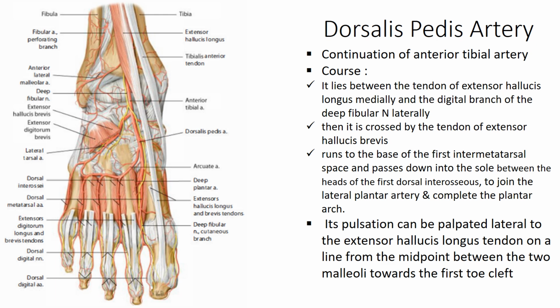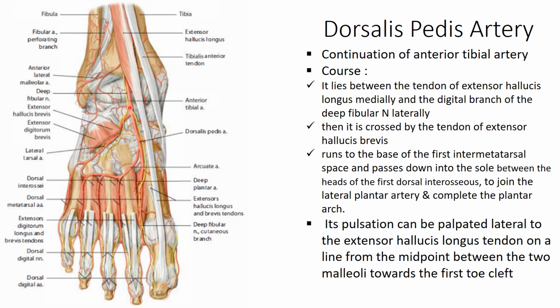The dorsalis pedis artery, as we know, is the continuation of the anterior tibial artery beyond this ankle joint, and as it runs its course it lies between the tendon of the extensor hallucis longus, which is lying medially, and the distal branch of the deep fibular nerve, which is lying laterally.